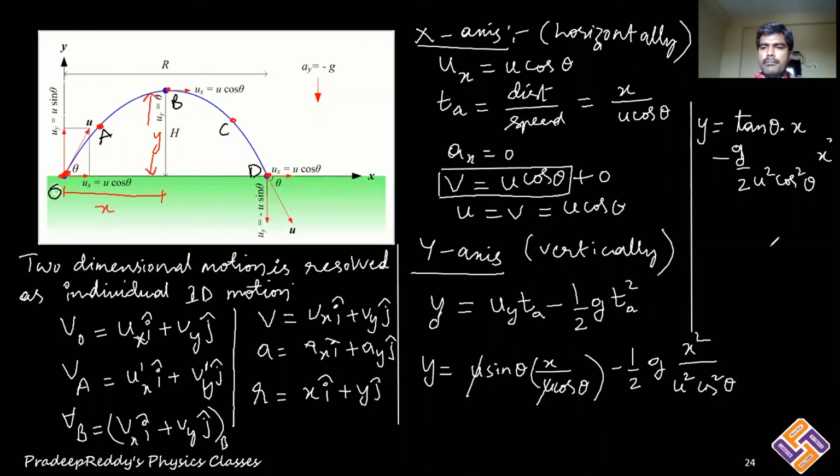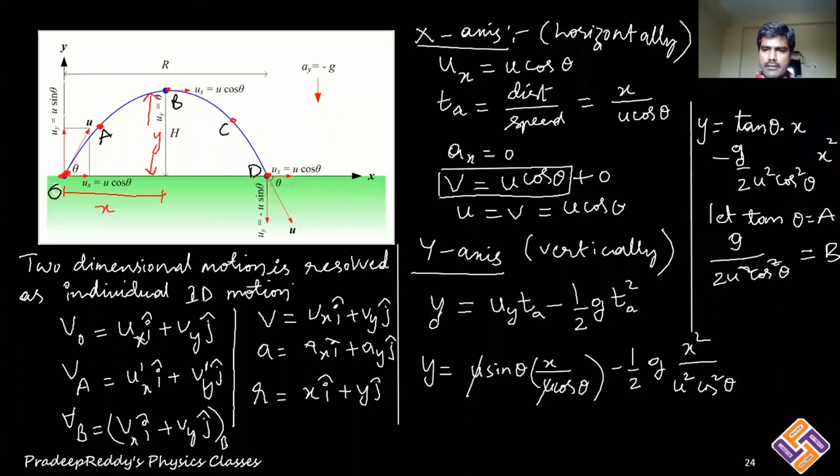Now let us write tan theta as a, and g divided by 2 u square cos square theta I am considering as b. Take this a and b, substitute in this expression. What do you get finally?